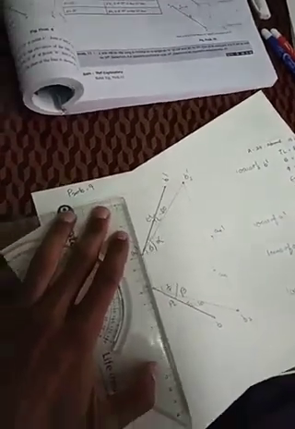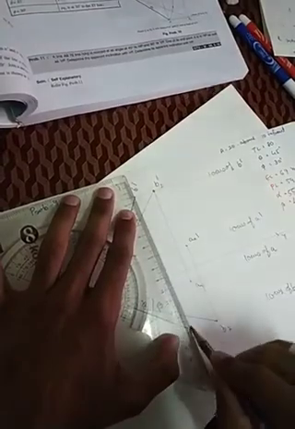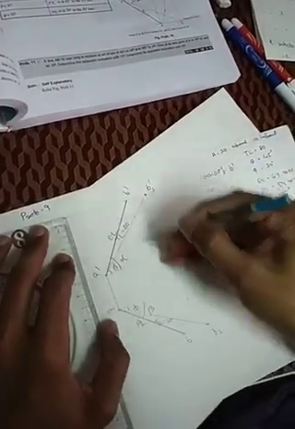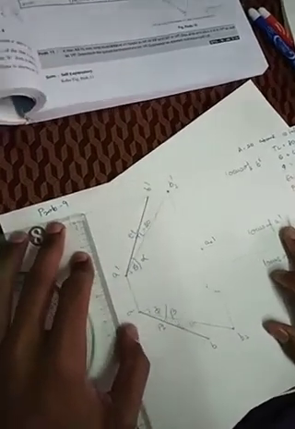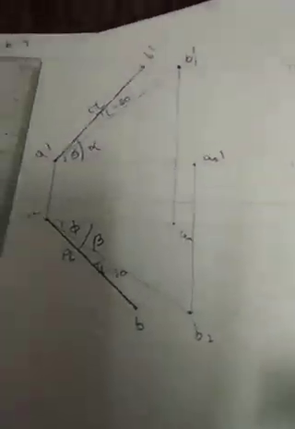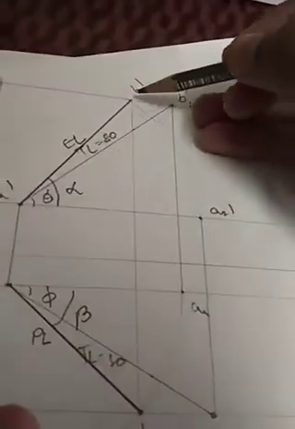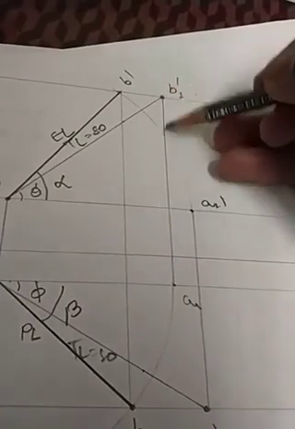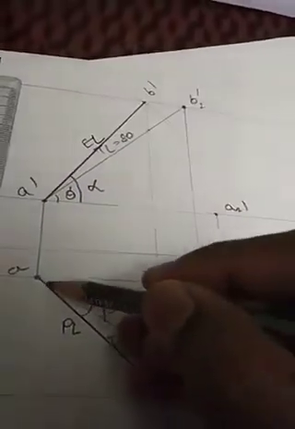You have to make sure that B dash and B are in the same straight line, right? If B dash and B are in the same straight line, then your answer will be true. It is not necessary that this is the only way you can solve the problem. You can solve it in any way. As in this case, we first extended this line and then we rotated it, and we got the plan length.